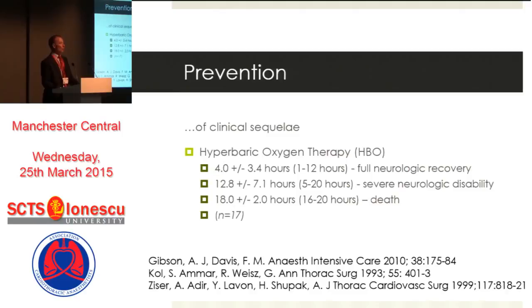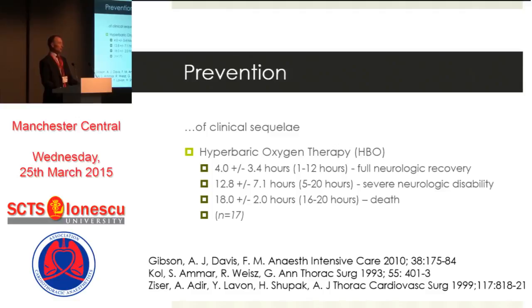2 slides on what we can do about it if our patients get a lot of air or gas into their circulation. We mustn't forget hyperbaric oxygen therapy, but of course this is really used when you suspect the patient has had a gross air embolism, and the lesson here, having reviewed these few papers in cardiac surgery, is the sooner you get them to the DRC, the better. 4 to 12 hours, otherwise they're going to have a poor outcome.